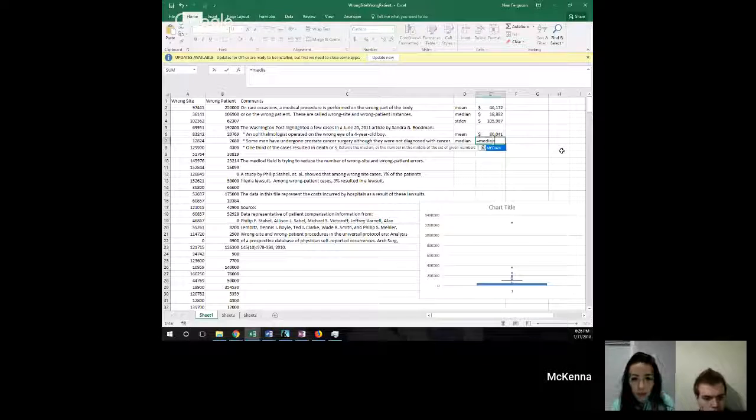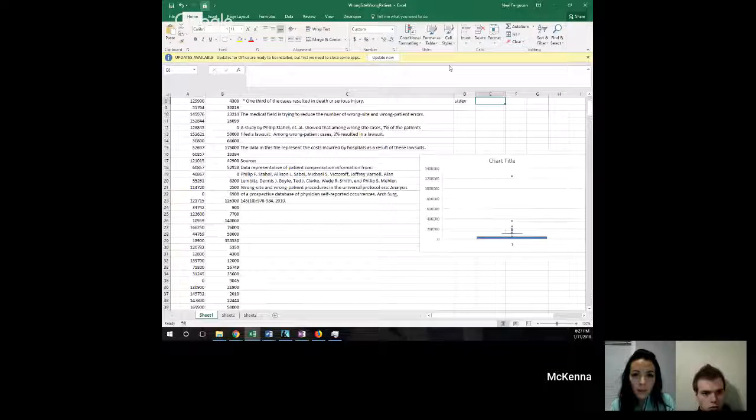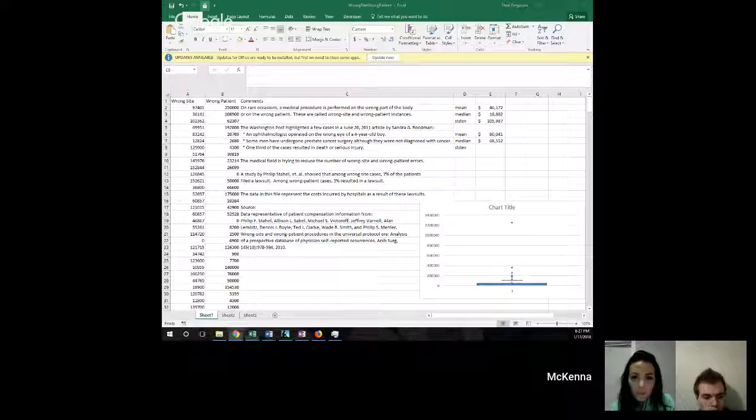Sorry, guys, mine's still not letting me. Is your Excel not letting you type? Yeah. At the very top, is there a little yellow bar that says enable editing? Yeah, I clicked that already, but then it just says product notice and it says update now, manage account. Can you share your screen really quick?